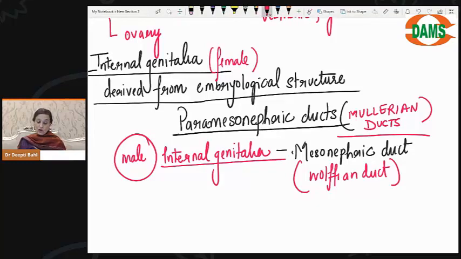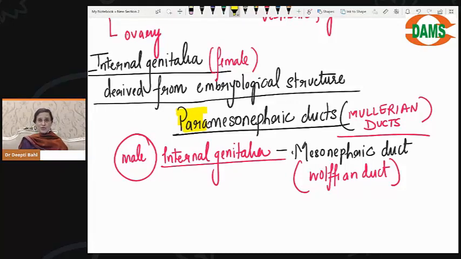One thing which comes out here, and you have to learn the art of remembering things easily: there is a word written here, para. Paramesonephric duct. Just by looking at this word, can you tell me the anatomical relationship between these two structures? It's very easy.